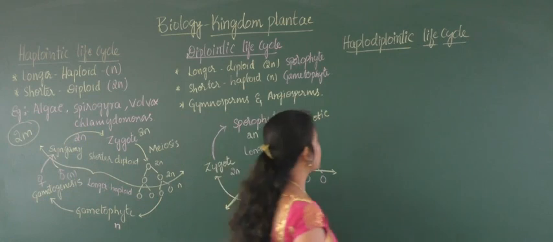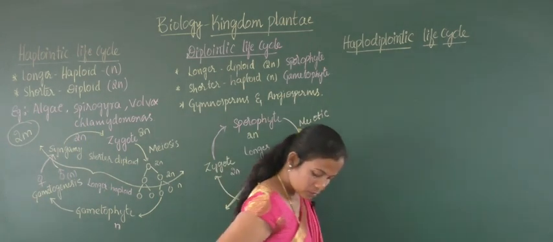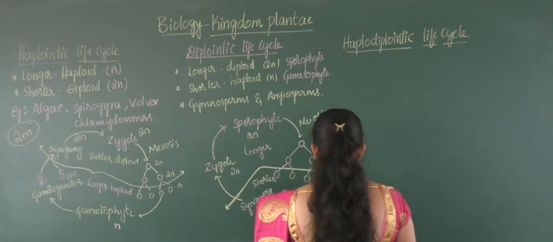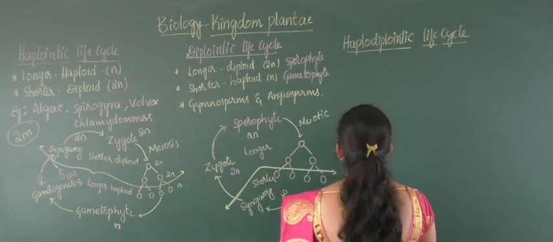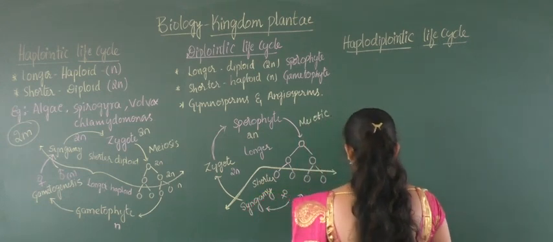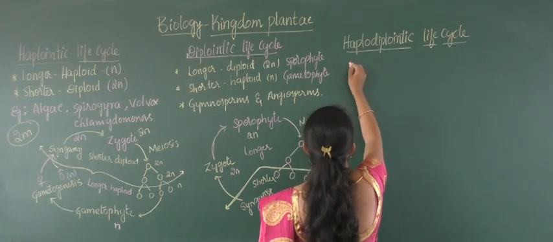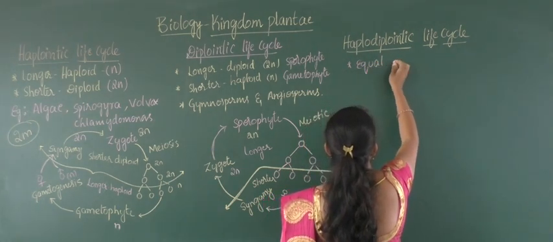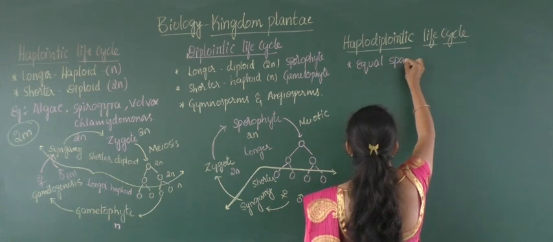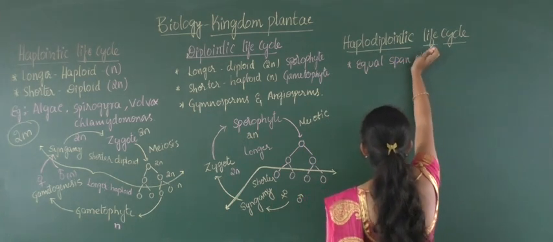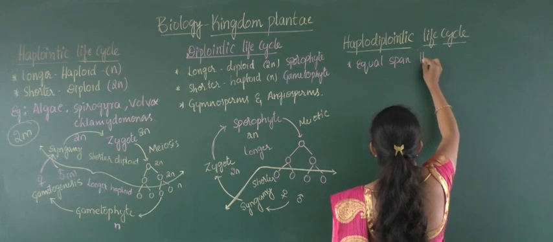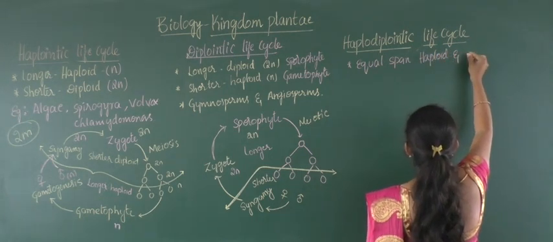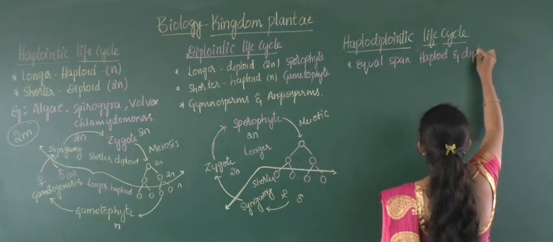The haplodiplontic life cycle possesses an equal span of time with haploid and diploid stages.